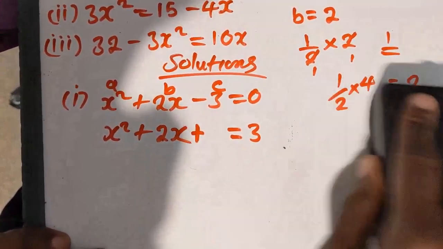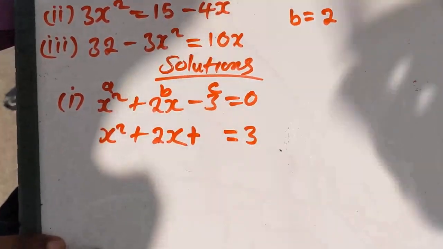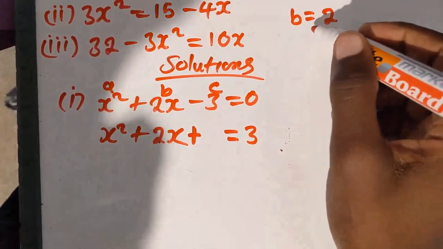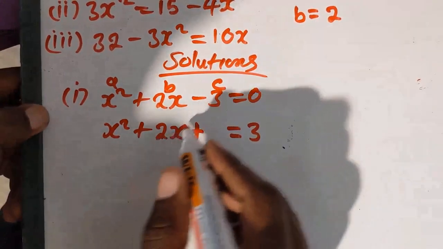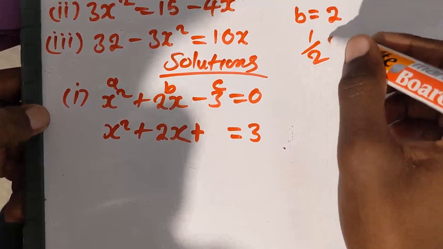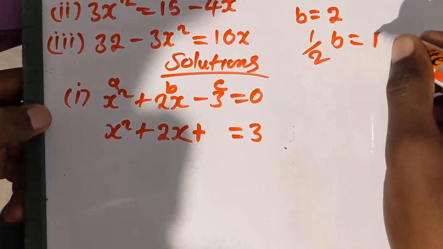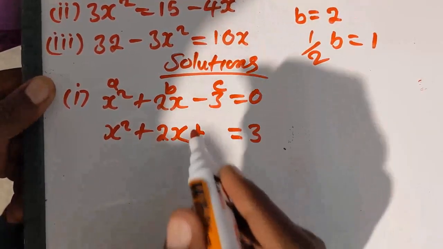I was just trying to explain that you need to add half of b. We found that half of b is equal to 1.